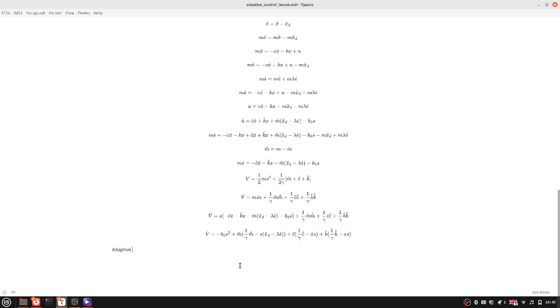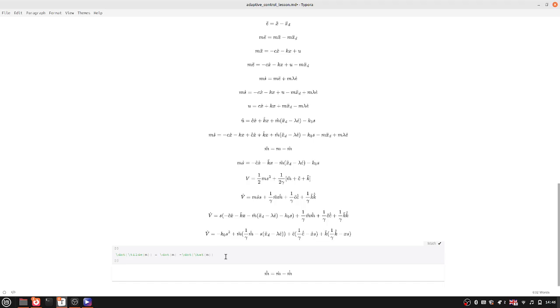So adaptive laws, I suppose, because this is a separate video, I should show you where I'm getting this. So remember that I have already defined M tilde as M minus M hat. So M tilde dot is M dot minus M hat dot.